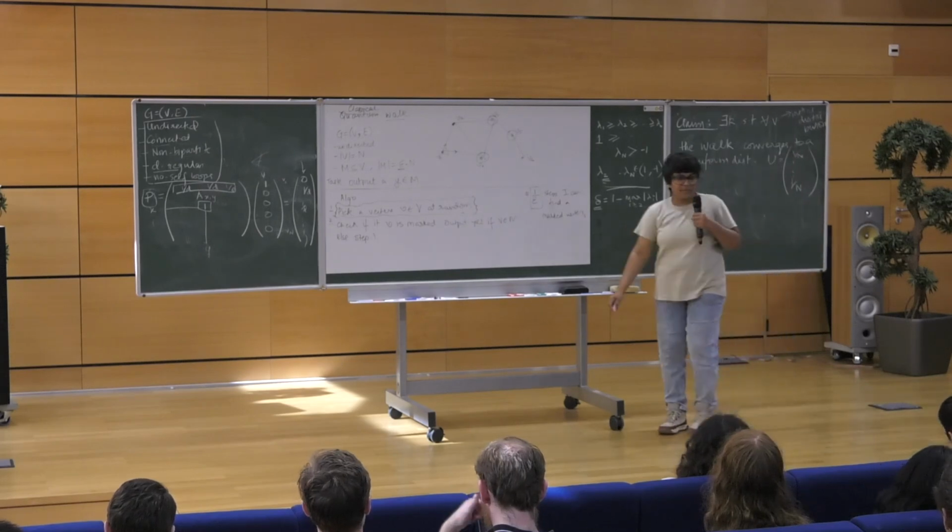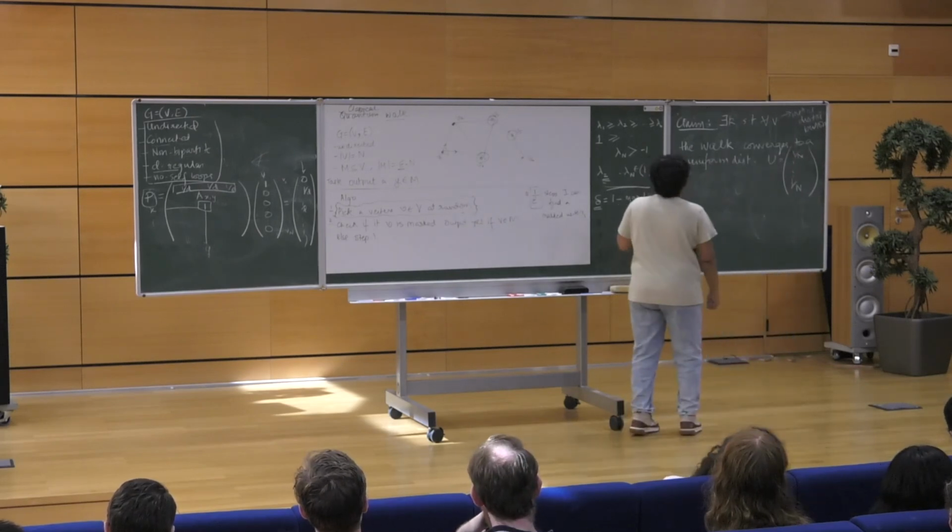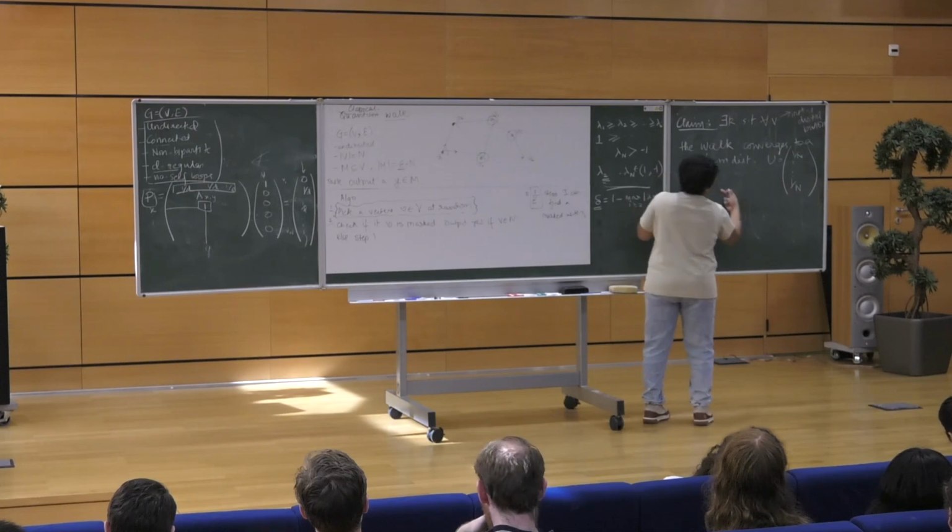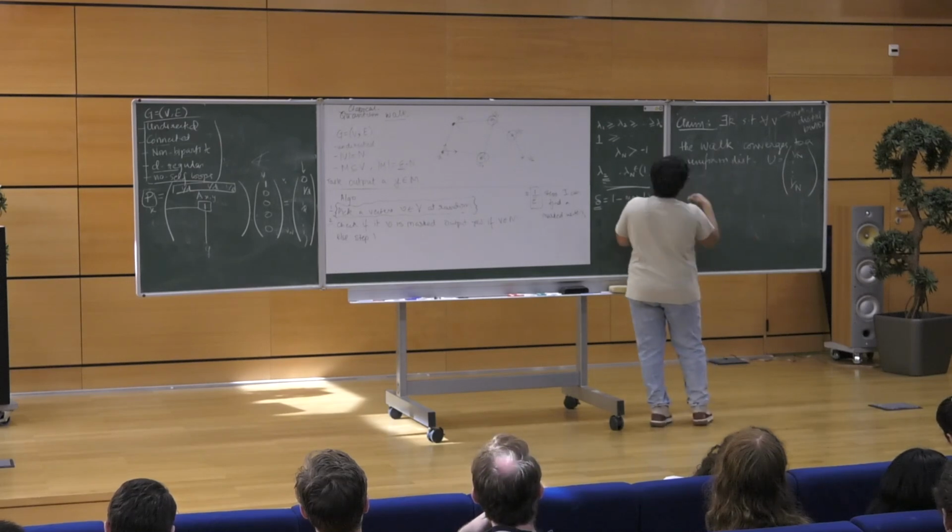This is what we are going to claim. And how we are going to prove it, we are not going to go through the whole proof. We are going to give a sketch.